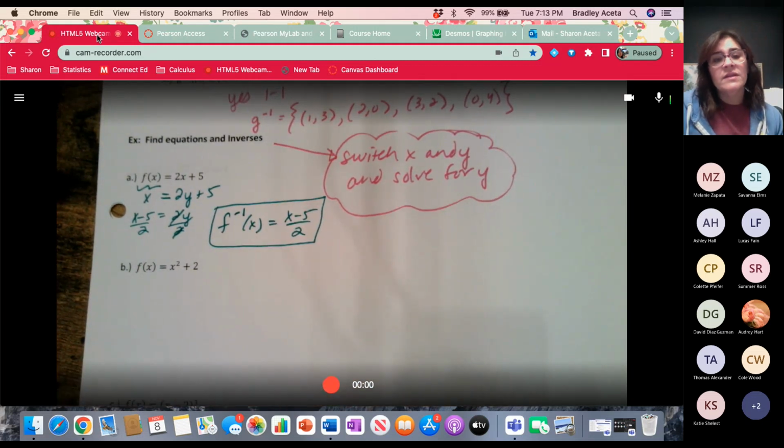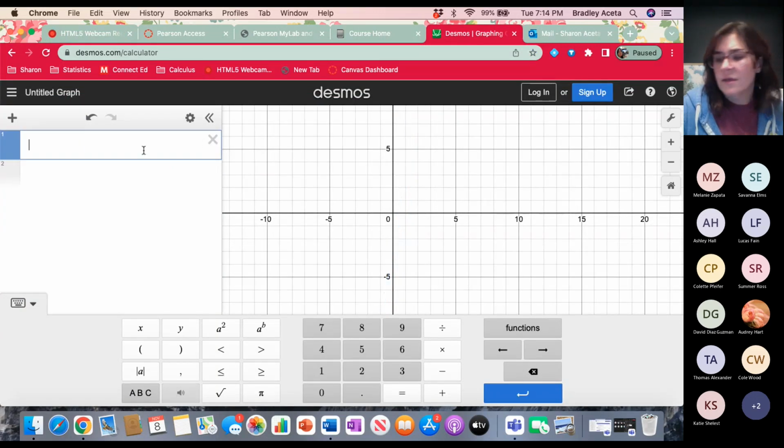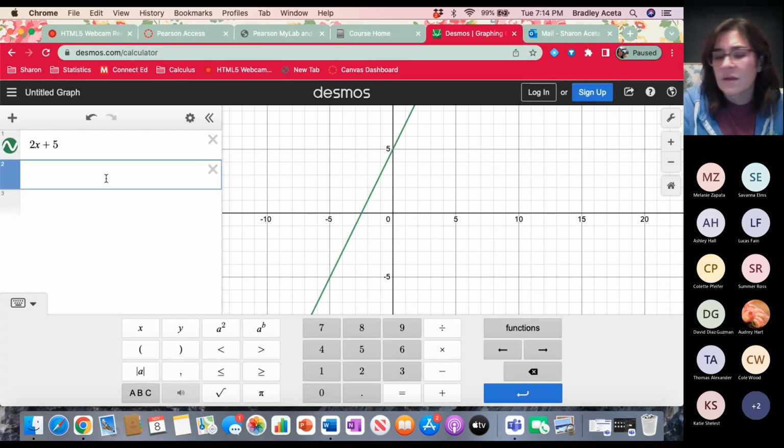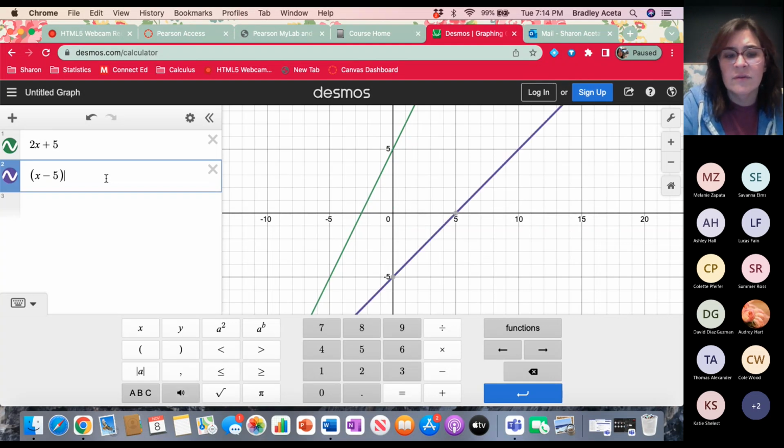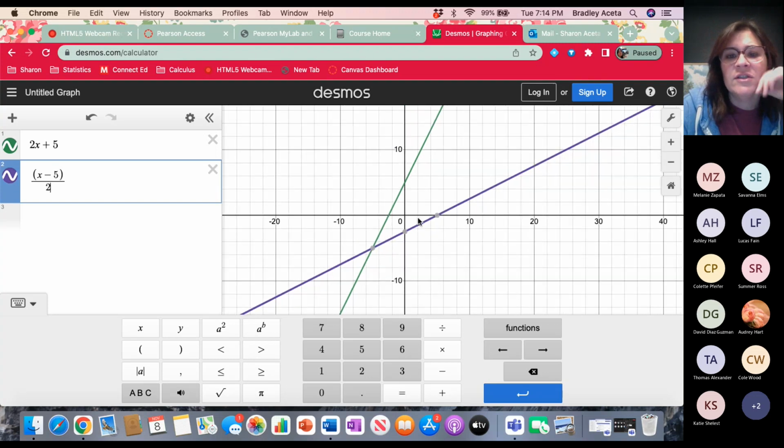And again, you can plug this into Desmos, and just to show you what it looks like, here's your original function, 2x plus 5. Here is x minus 5 over 2. These two functions are inverses.